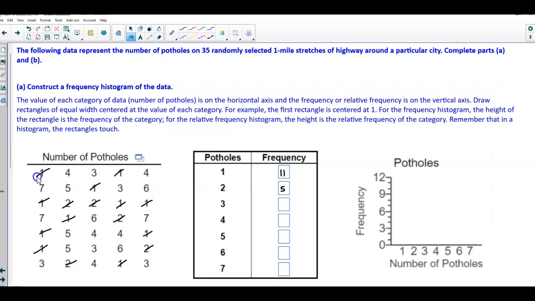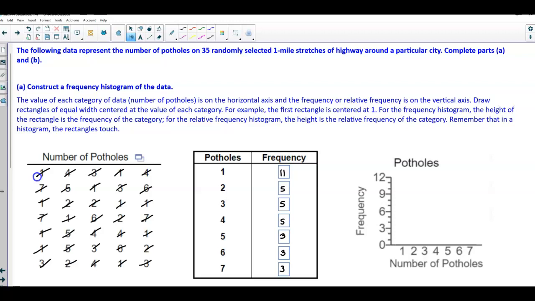For 3, we have 5. For 4, we have 5. For 5, we have 3. For 6, we have 3. And for 7, we have 3.